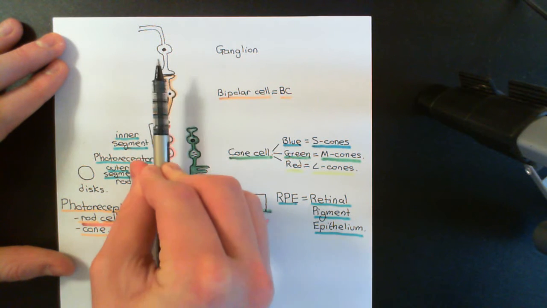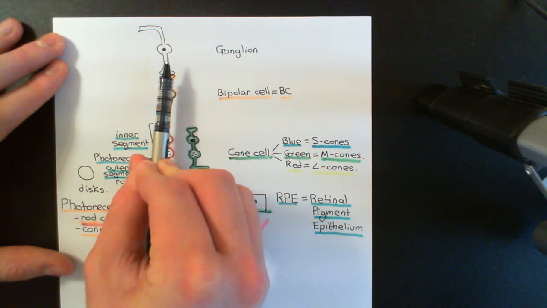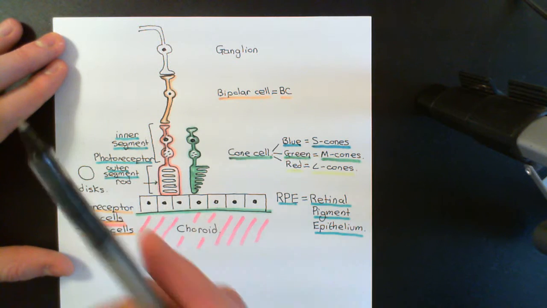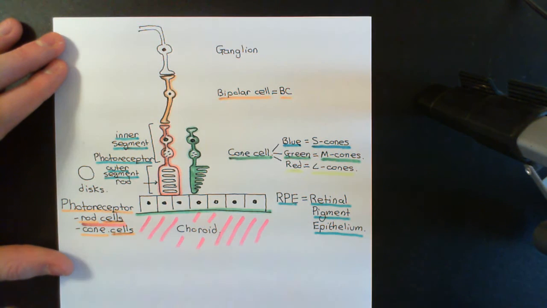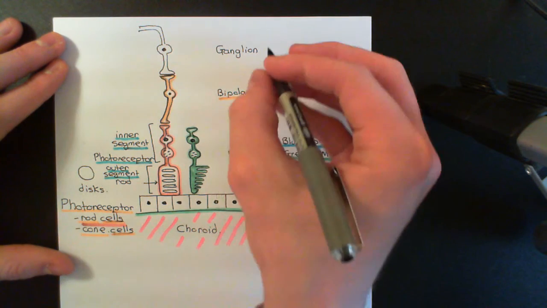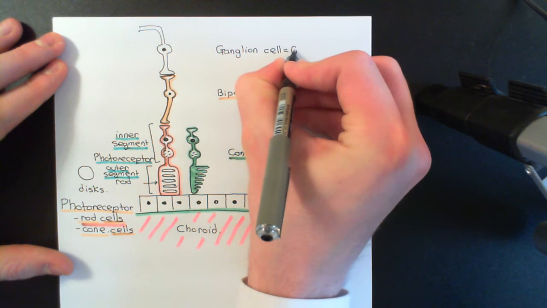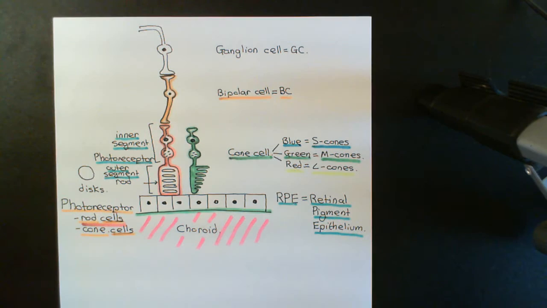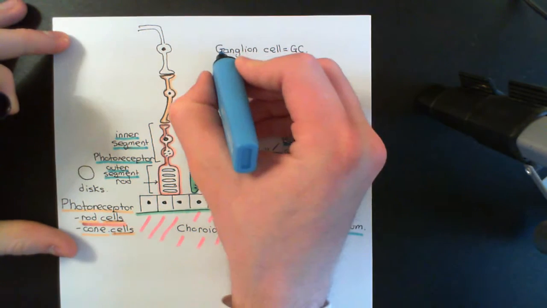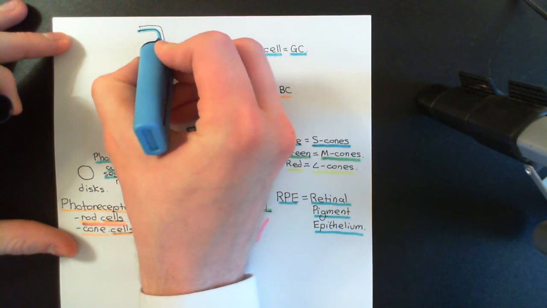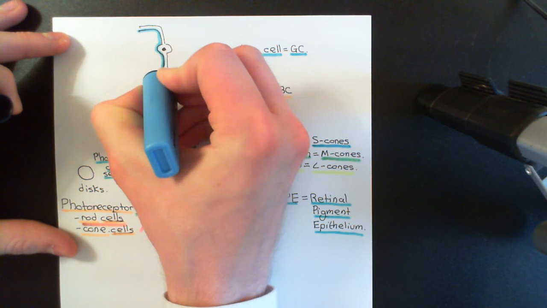In the photoreceptors and the bipolar cells, the electrical signal is just in the form of a change in the electrical potential difference across the cell membrane, rather than an action potential. Okay, so here is the ganglion cell, which is often just abbreviated down to the GC. And I'll outline our ganglion cell in blue here, so like so.